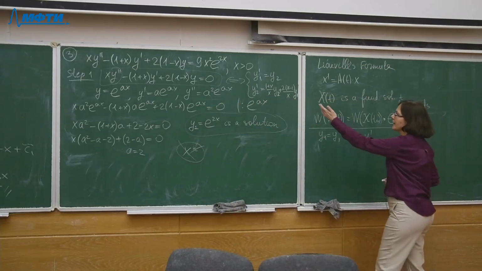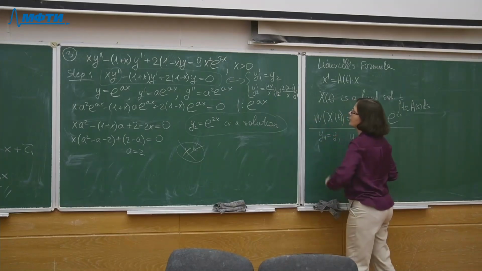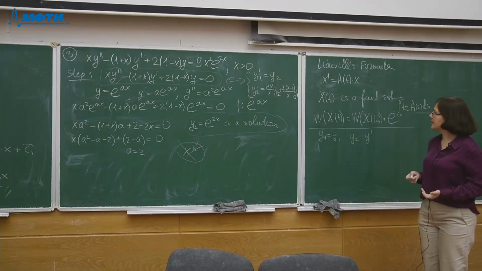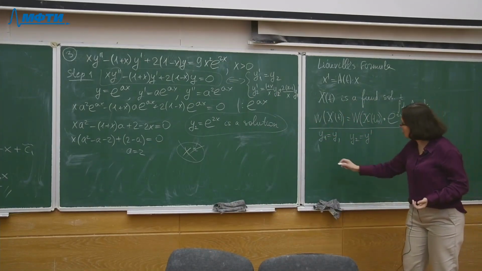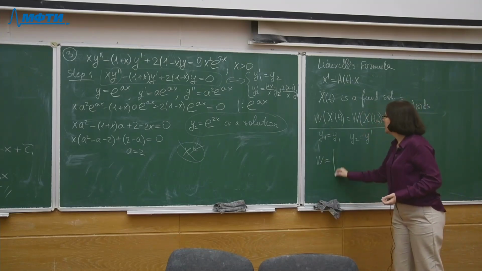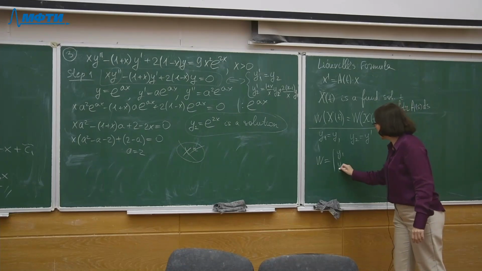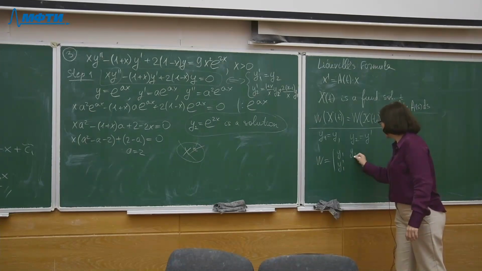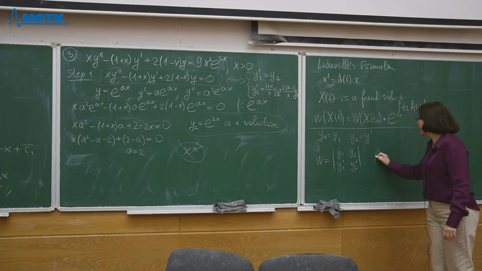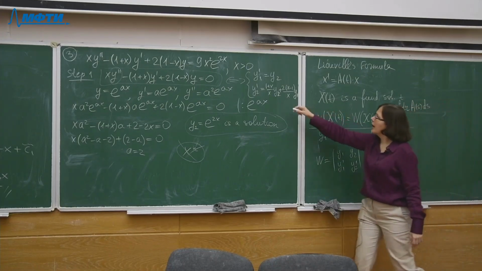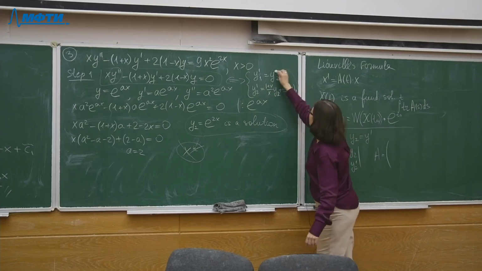Well, if we rewrite our equation in this form, then we can see that the Wronskian will be the determinant of y1, y1 prime, y2, y2 prime, and the matrix A can be taken from here.